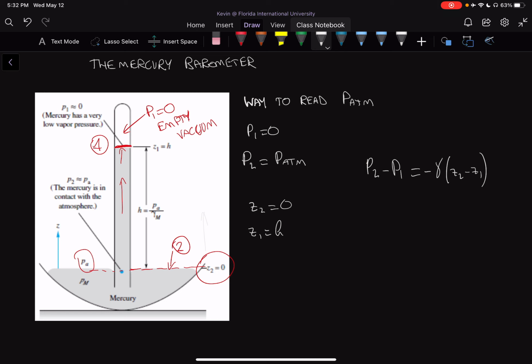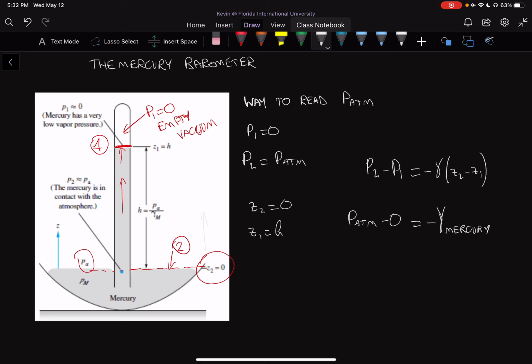And from there, we can plug in the values. So we have P atmosphere minus 0 is equal to minus the specific weight of mercury.